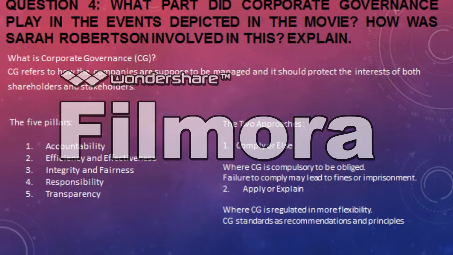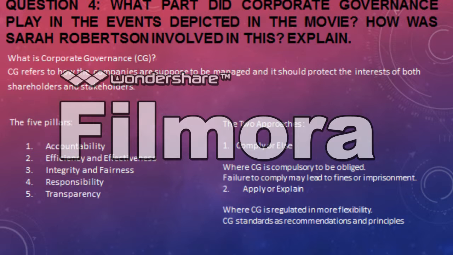Corporate governance, or known as CG, is the framework of rules, relationships, systems, and the processes within and by which authority is exercised and controlled in corporations. It encompasses the mechanisms by which companies and those in control are held to account.